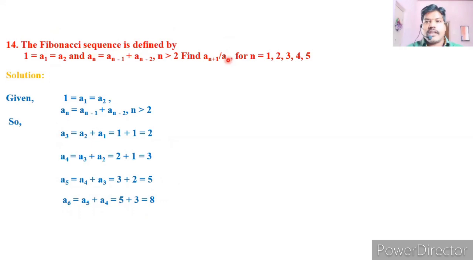Now they are asking you to calculate A n plus 1 by A n for n equal to 1 to 5. After calculating these values, we have to remember them, as I will substitute them in the next step. First, take n equal to 1.